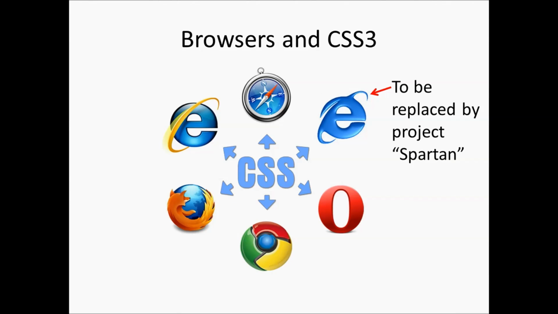Browsers and CSS: we're now in a world where basically any browser that's worth its weight in salt supports CSS. Now we're in the world of HTML5, and HTML5 was a real game changer in the web development world. When we went from HTML4 to HTML5, it opened up all sorts of possibilities, and you're going to get to see them.